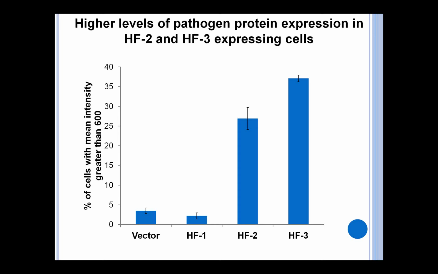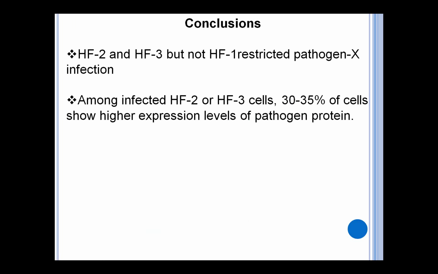If we normalize this data with the percentage of infection, for the cells expressing vector alone or HF1, only less than 5% of the cells are expressing high pathogen protein, while for the cells expressing HF2 or HF3, over 30% of infected cells have high protein expression from the pathogen.